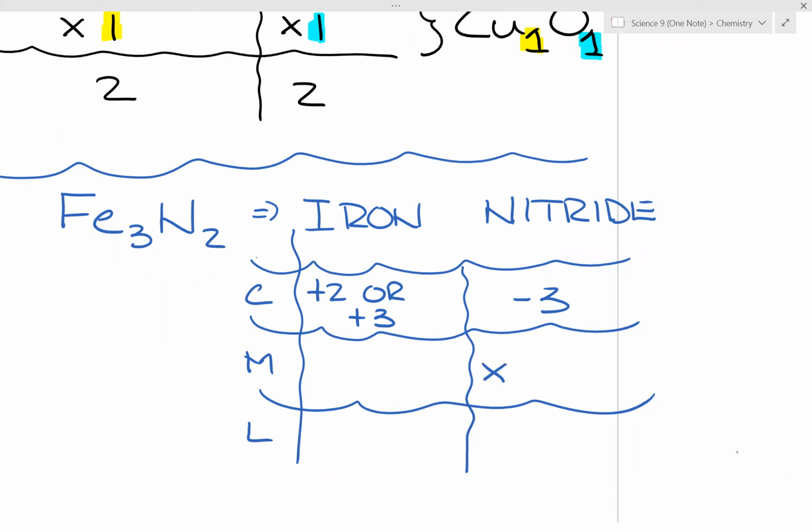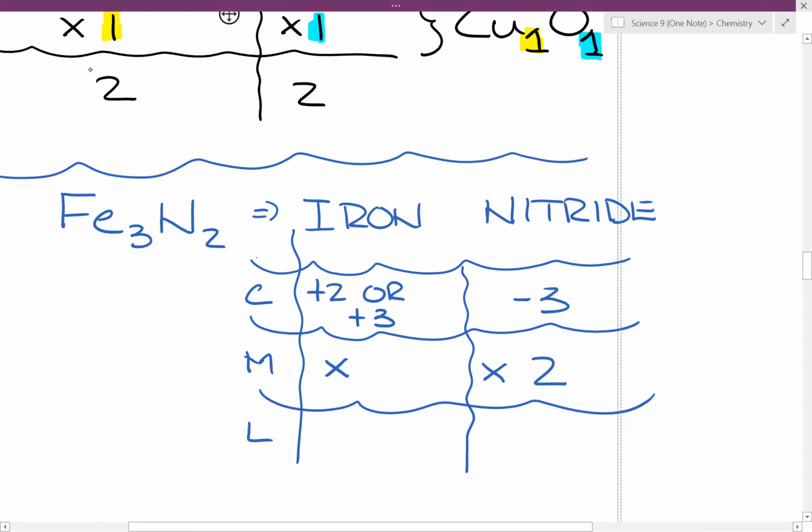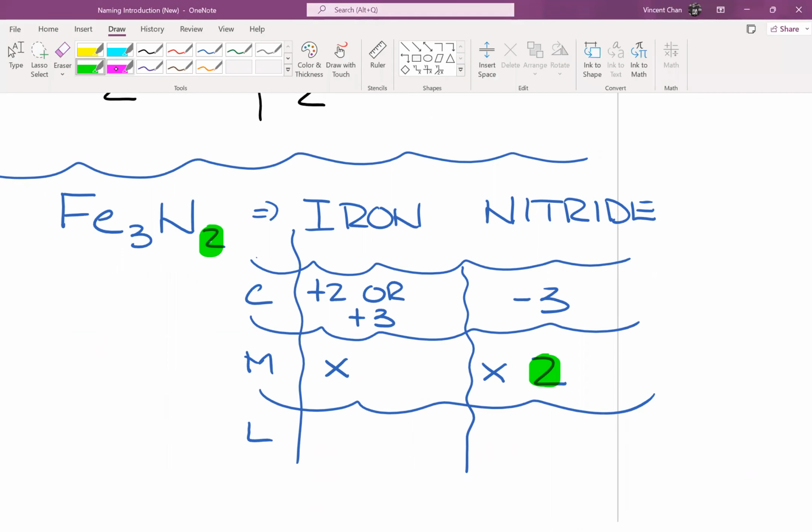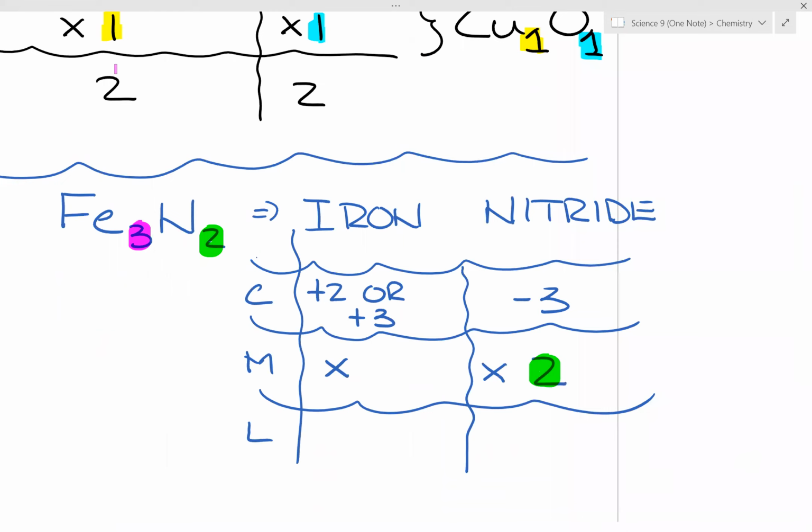Now, what can we do next? Well, we know the multipliers. Nitride was multiplied by 2. Where did we get the number from? It was right here. And iron was multiplied by 3. And so here, we're going to put down the 3. So we have -3 times 2 under nitride gives you 6.